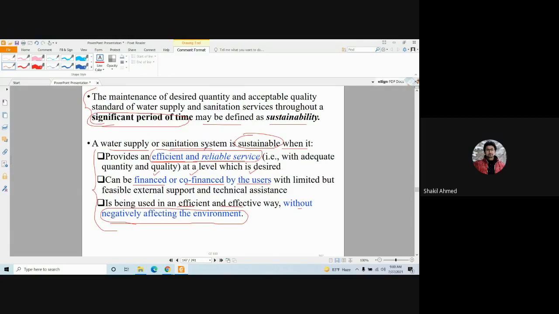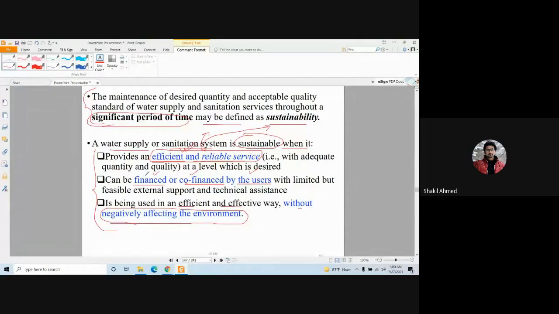Yes, sir. Yes, because the service is efficient and reliable. So if you are willing to use the service, then this is a property of sustainability. Then the system will last long because the users are using it.